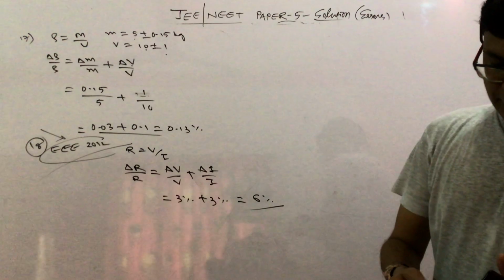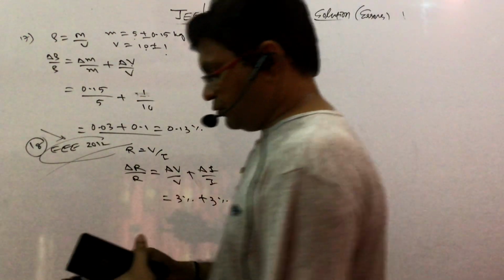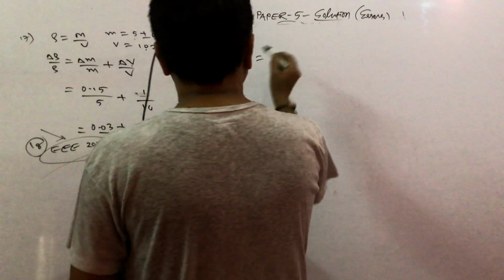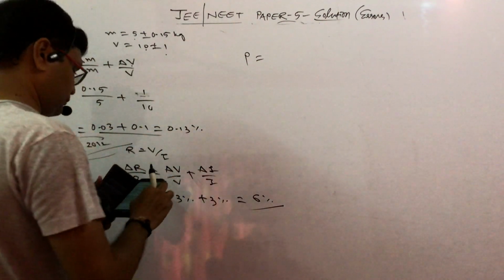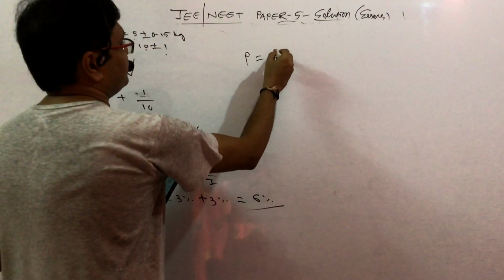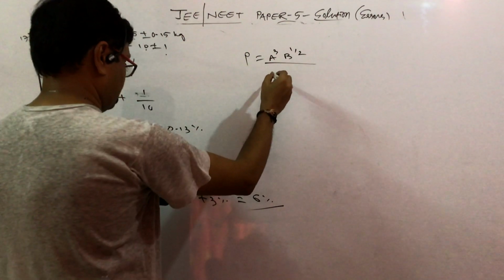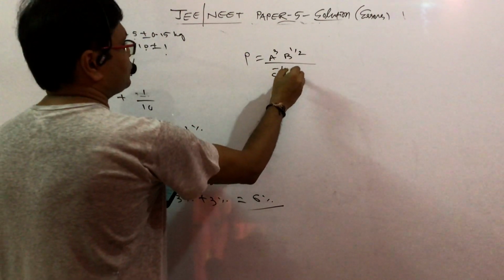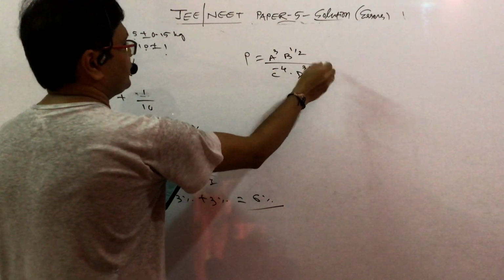क्वेश्चन नंबर 18 बाद 19: a physical quantity P is given by the equation a cube b raised to 1 half c raised to minus 4 d raised to 3 by 2.